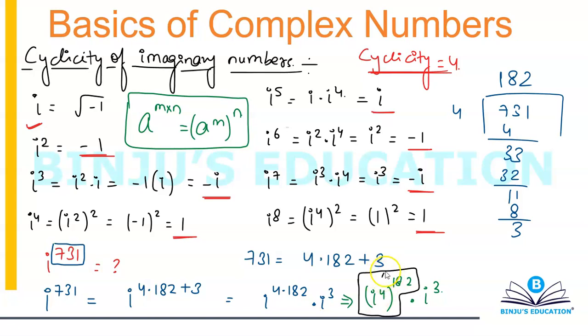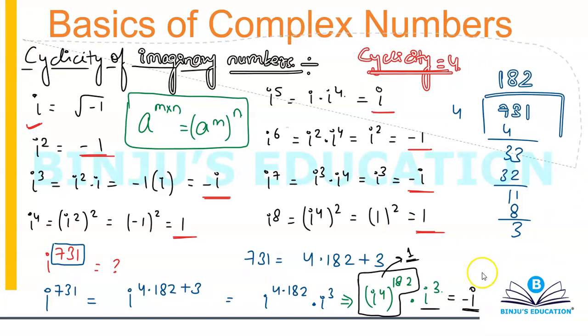So this part is always equal to 1, which means you are only left with iota cube. And what is iota cube equal to? Iota cube is equal to negative iota. Now next time when you're going to get a question like this, let me clean my board first of all.